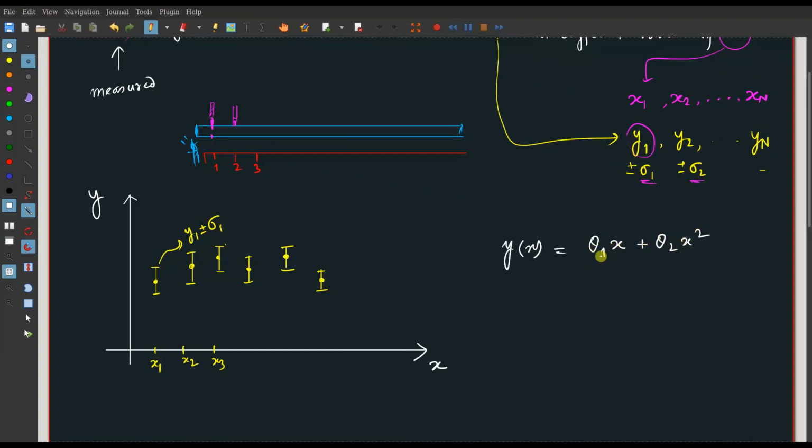Suppose there are only two thetas, only theta 1 and theta 2. In general it is y of x, theta. I mean, there can be more general, more complicated dependence, but let's say the dependence is like this. These are unknown parameters that you want to fit. Okay, so these are my unknown parameters.